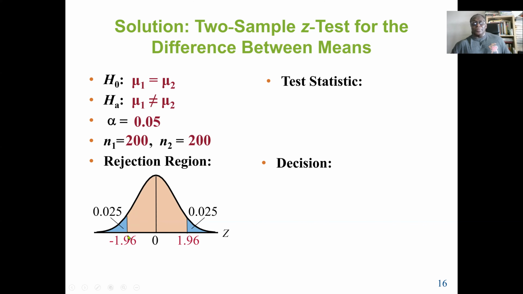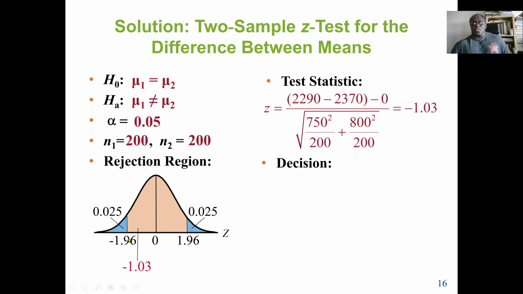The steps are there. Okay, so the next thing, the formula changes. When we say it's only one sample, remember the Z was X bar minus the population mean over the standard error. The same formula here. So here, what is the difference between the sample means of both? We have 2290 and 2370. Also the difference of the sample sizes. The sample sizes are the same, so it's 0. 200 minus 200 is 0.